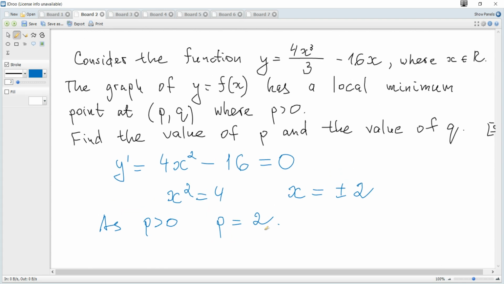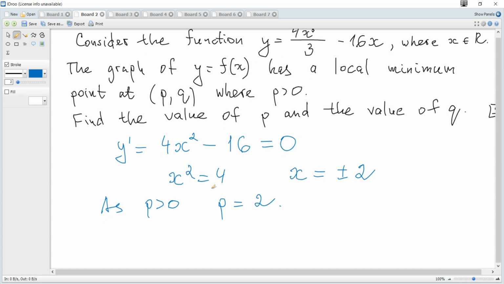And to find q, this point lies on our curve, so the x and y coordinates of our point are linked by this function. So q is y(2), just the value of the function for x = 2.